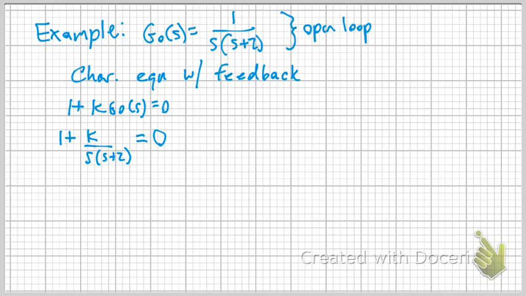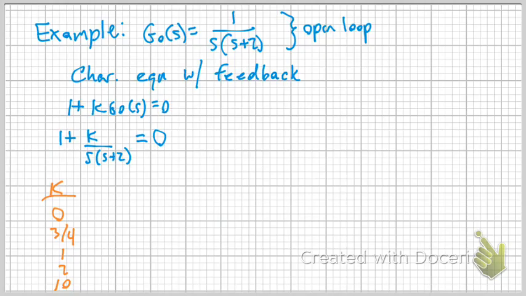Now, I'm going to write down a couple different values of k, and what I'd like you to do is come up with some values for where the poles would be. So I will write the values of k: 0, 3/4, 1, 2, and 10.